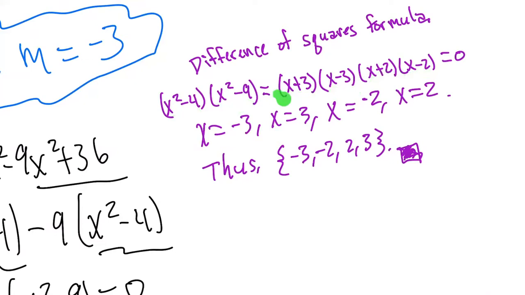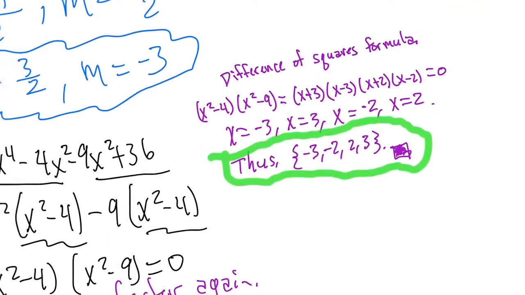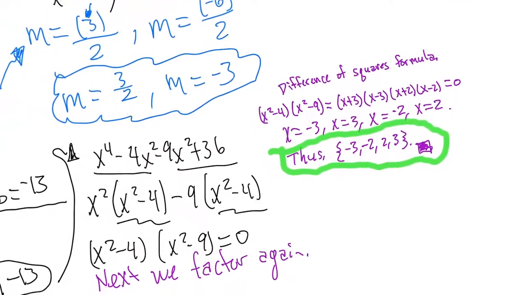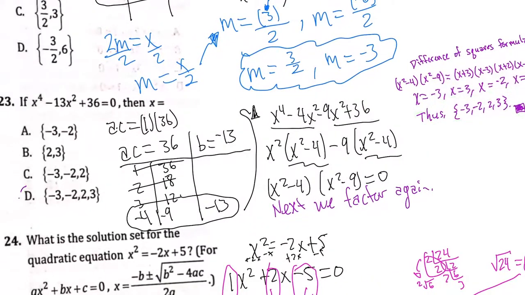So we've expanded the whole thing. We set it equal to 0. Then the opposites here: -3, +3, +2, -2. Now we set it from least to greatest, and that is our answer: -3, -2, 2, and 3, which would be D.